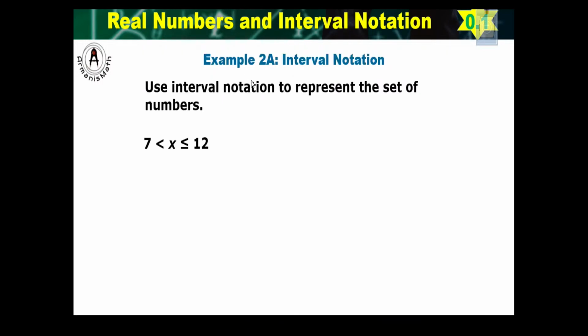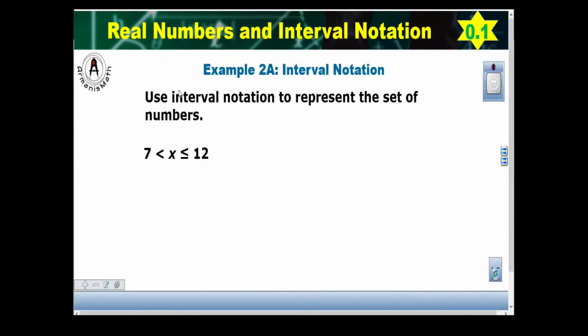Use interval notation to represent the set of numbers. Remember, you're talking about a set, a collection of numbers. So how do I use interval notation for this one? Okay, let me think. You've got to think in math. Interval notation has brackets or parentheses. So I'm going to keep that in mind.